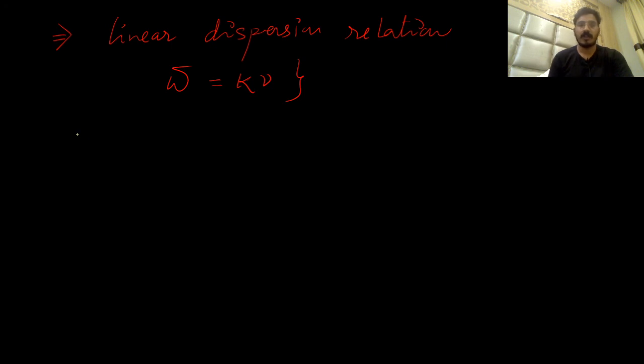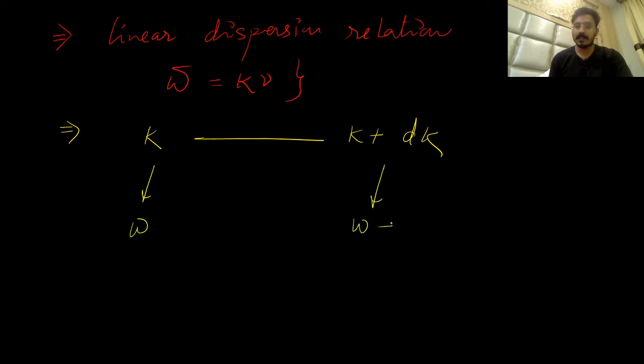So this is k, and this is k plus dk. For this k we can find an omega from here, so for this k there will be one omega, and for k plus dk there will be omega plus d omega.